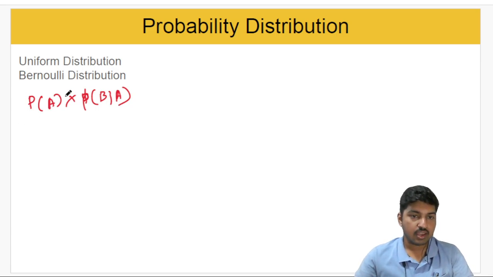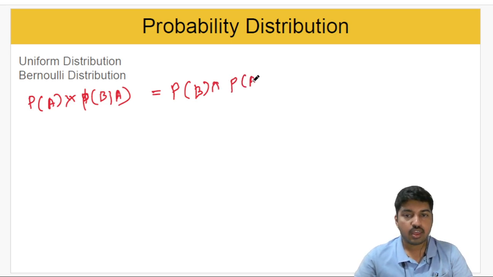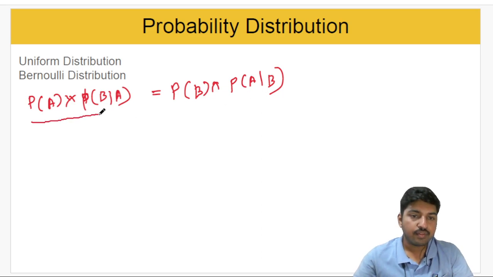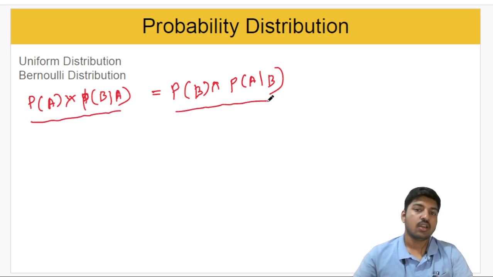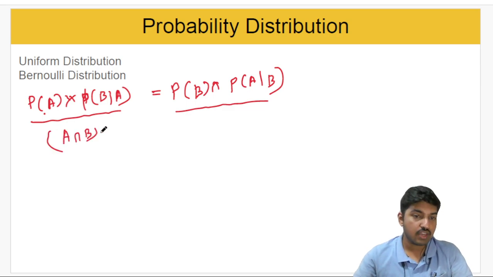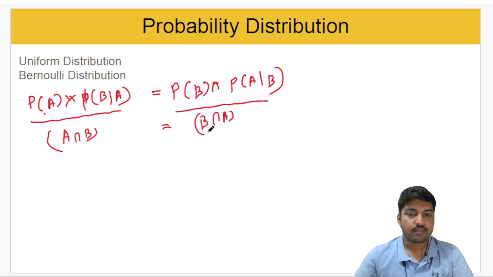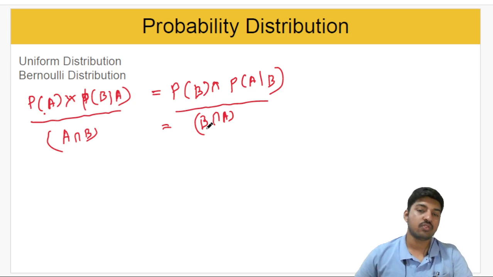Probability of A into probability of B given A is equal to probability of B into probability of A given B. This is what we want to prove. Why do we want to prove it? Because probability of A into probability of A given B is equal to A intersection B, which is equal to B intersection A. This is what we want to prove.